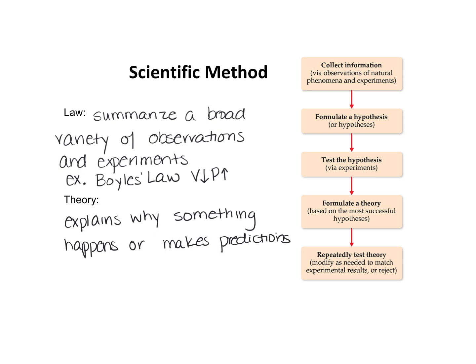And for us in chemistry, one of the big examples of this is atomic theory. We're going to talk about all of the experiments that led up to our modern atomic theory, or our modern understanding of atoms. And that theory really explains why atoms act the way they do.